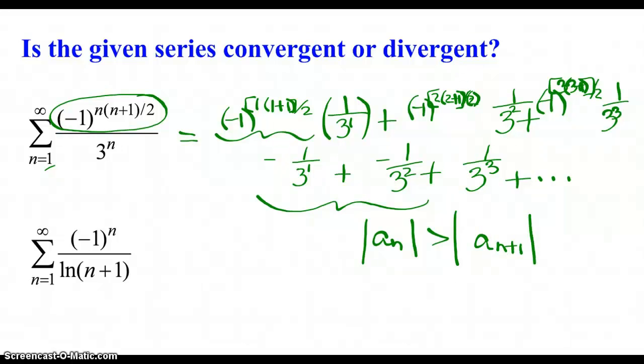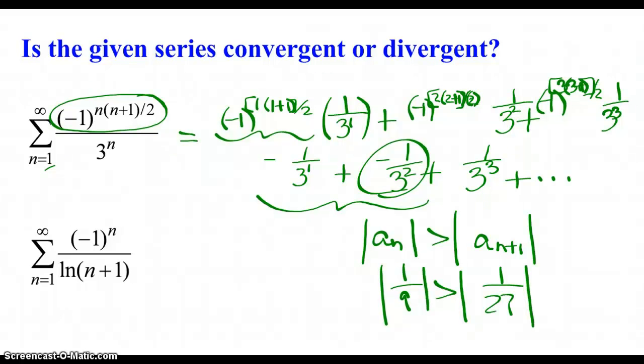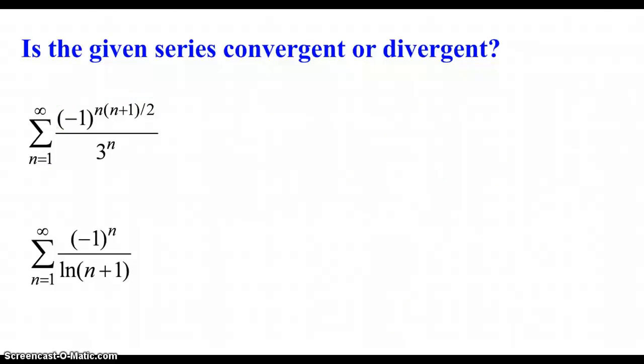If I can determine that, then I can run my series test. Well, it is true that 1/9, this term right here, is greater than 1/27, that term right there. So that is the case, which means I can use my alternating series test.